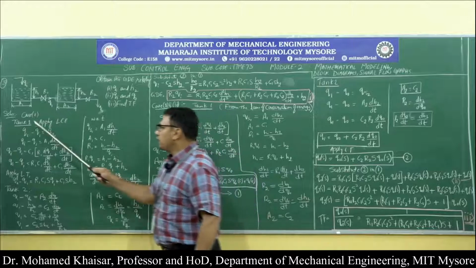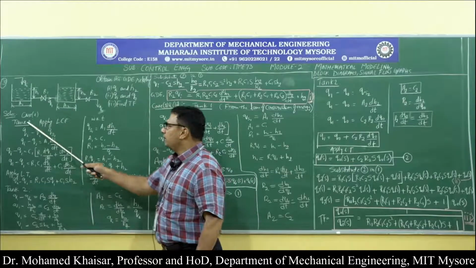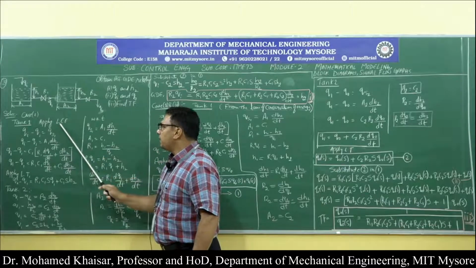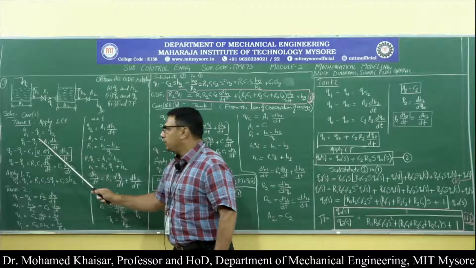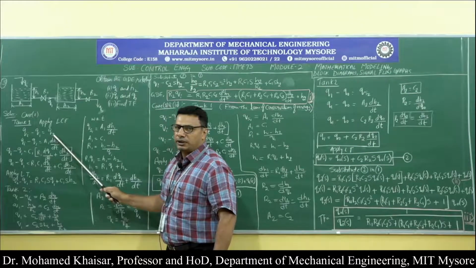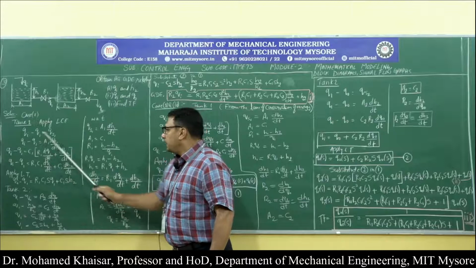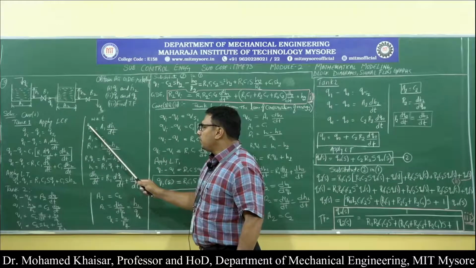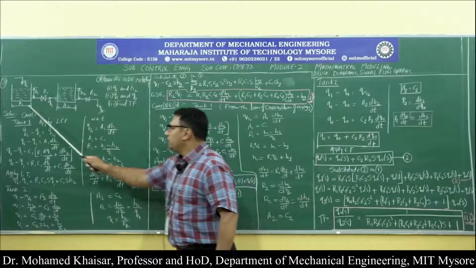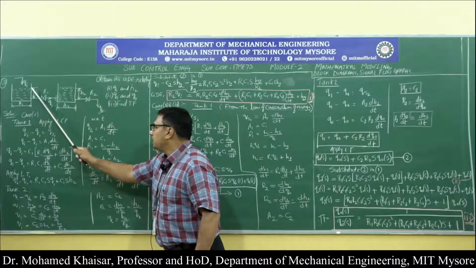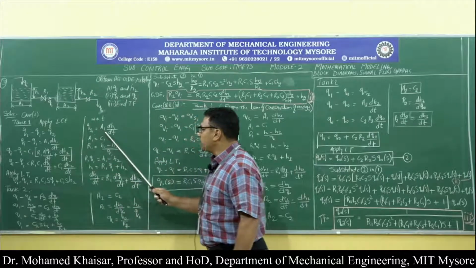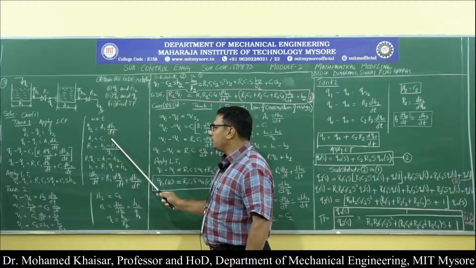Now, let us consider case 1. In case 1, let us consider tank 1. To this tank, apply the law of conservation of energy, which says Qi minus Q1 is equal to the quantity of liquid stored in tank 1. We also know that the quantity of liquid stored in tank 1 is equal to the surface area of the tank times the rate of change of head dH1, that is A1 into dH1 by dt.